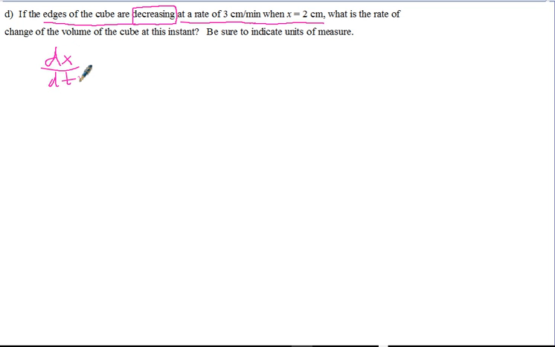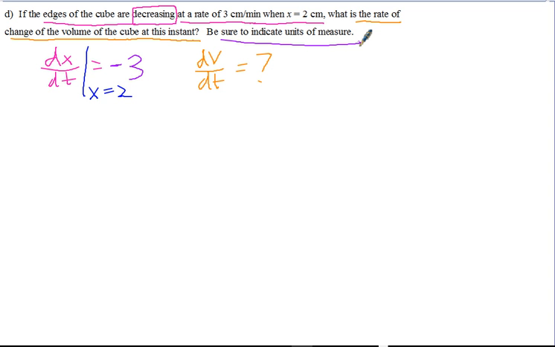The decreasing tells us that it's negative, and in this case negative 3, and specifically when x equals 2. And what we're asked to find is what is the rate of change, in other words, the derivative of the volume of the cube at this instant. So we're looking for dV/dt equals question mark. And then be sure to indicate units of measure, like we usually do.